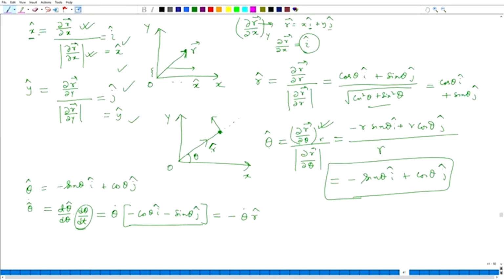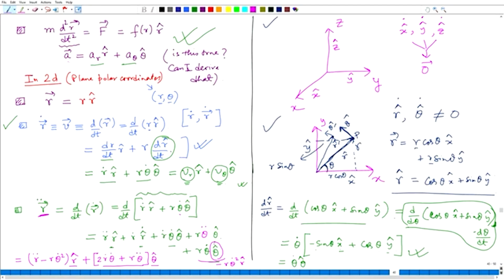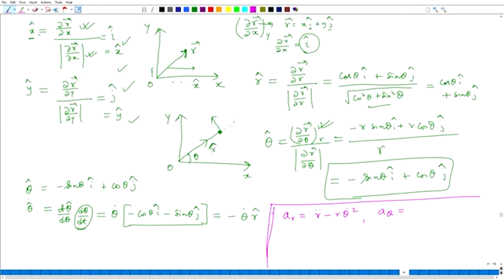So, if I take this term separately, I can now write a_r equal to r double dot minus r theta dot square, and a_theta equal to 2 r dot theta dot plus r theta double dot. Okay. What can I do from this?